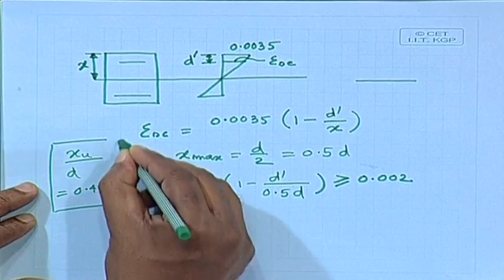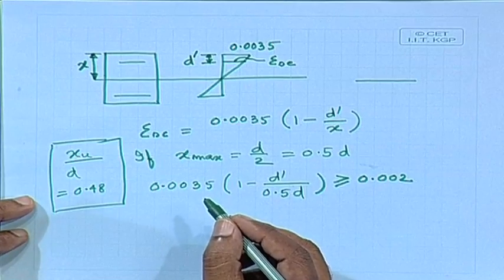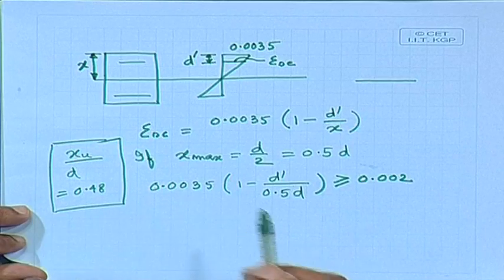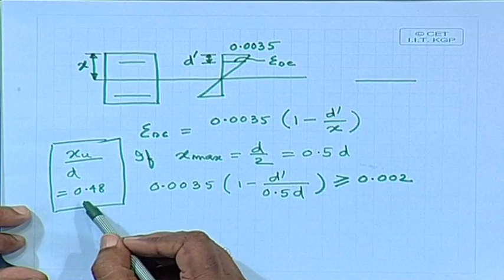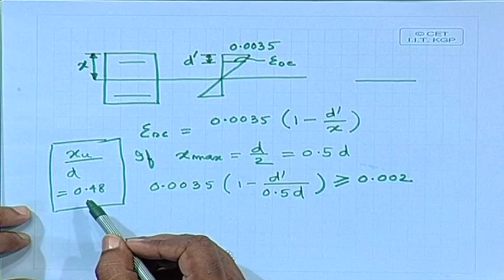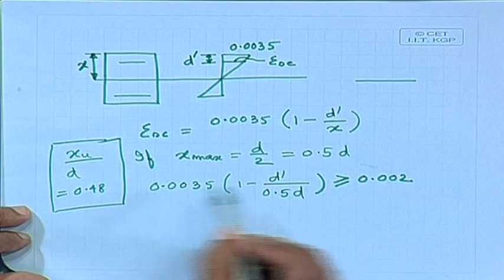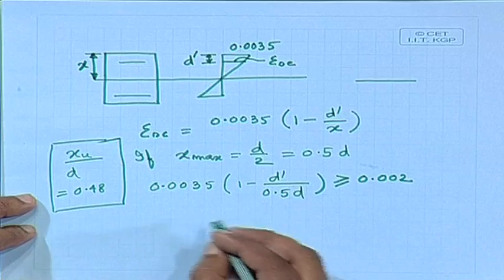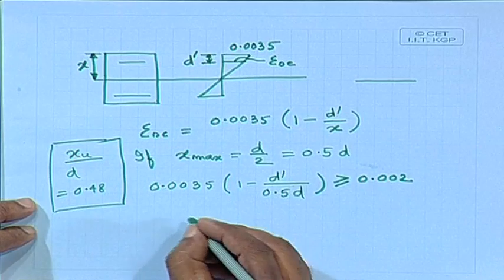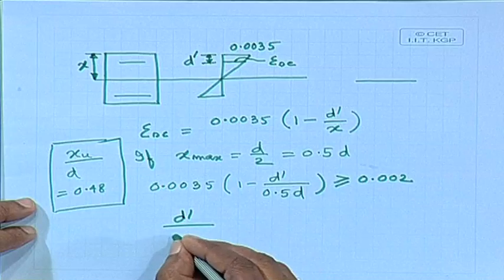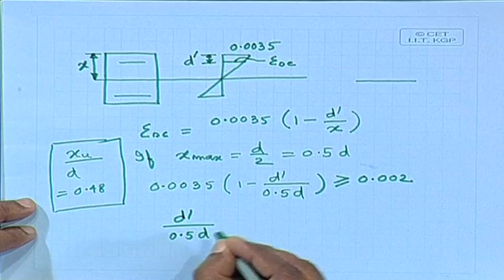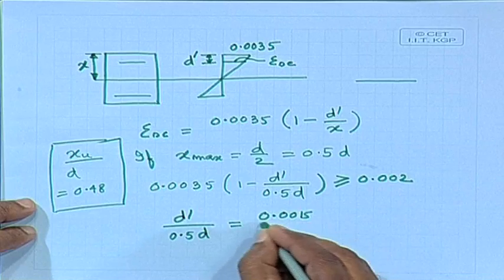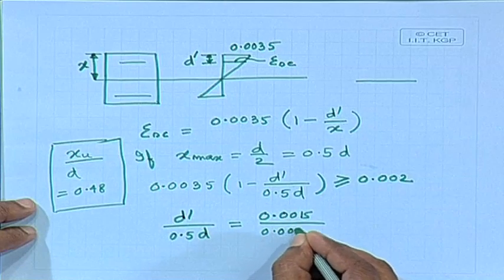Okay. We can get it in IS 456, we can also derive it. Xu by d equal to 0.48. That means a reasonable assumption is 0.5 xu equal to 0.5 d maximum. So, we can write this expression as d dash by 0.5 d equal to 0.0015 by 0.0035.